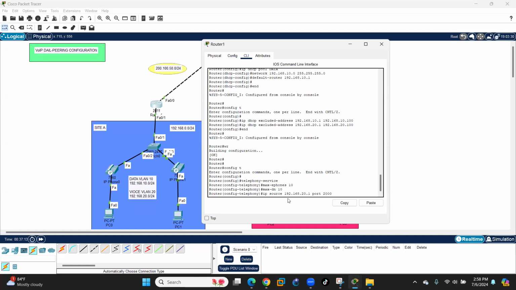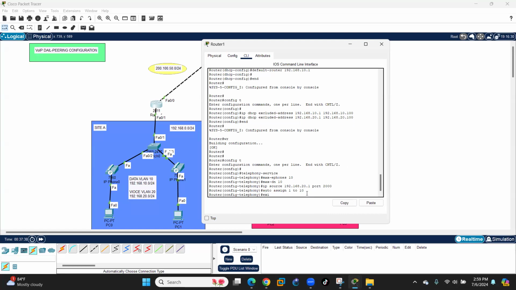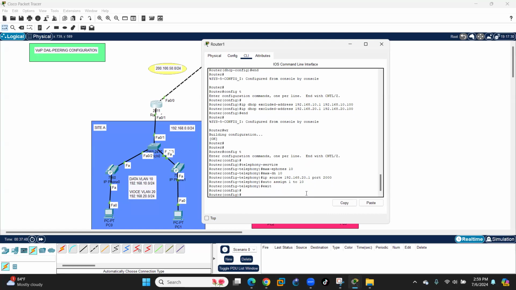If you don't have port 2000, it won't work. Auto assign 1 to 10. That means I'm trying to assign the dn numbers from 1 to 10 for devices, but I only have 2 here. So don't get confused. Exit. I'll copy this command for you.